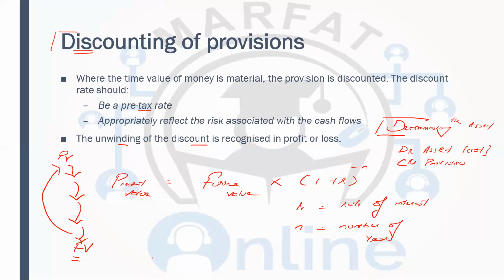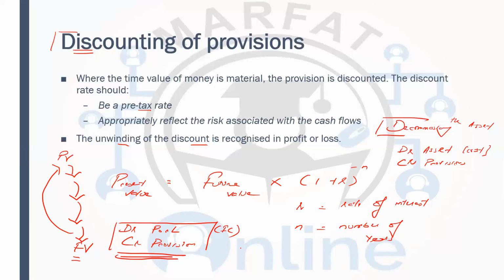This concept is known as unwinding. So the double entry will be debit profit or loss, which means the finance cost, and credit provision, because you are systematically increasing your provision. With discounting, you came to a reduced value.